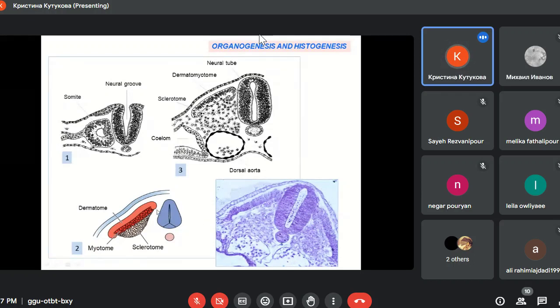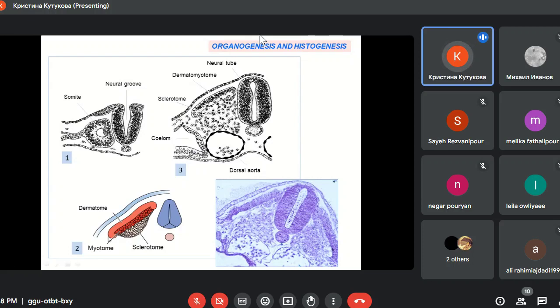The dermatome portion, outermost, it is closest to the ectoderm, which will give rise to the epithelium of our skin, and dermatome will give rise to dermal layer of the skin. Our skin consists of epithelium and underlying connective tissue, which is called dermis.